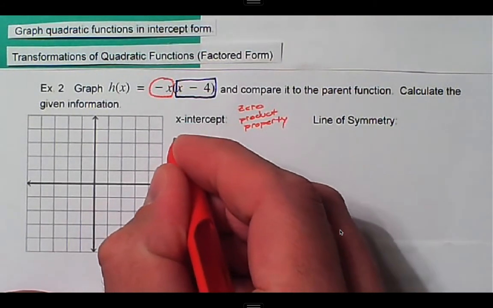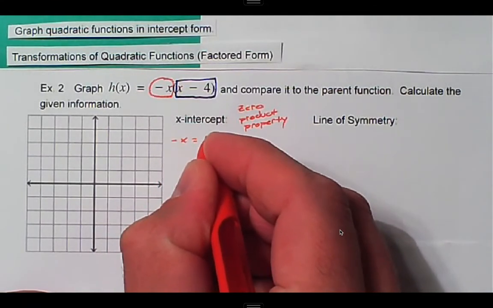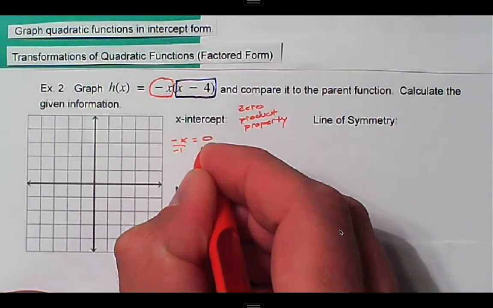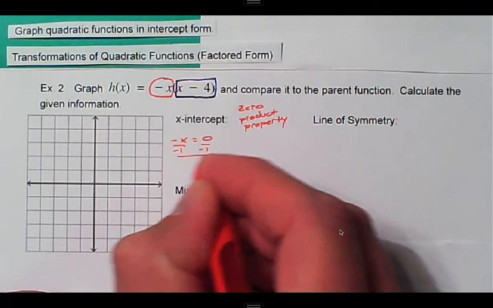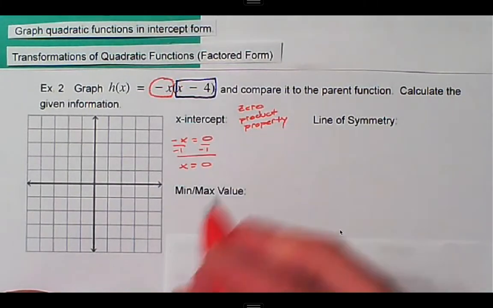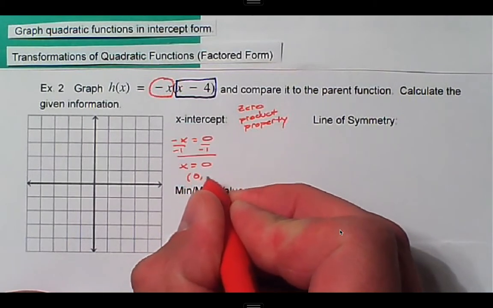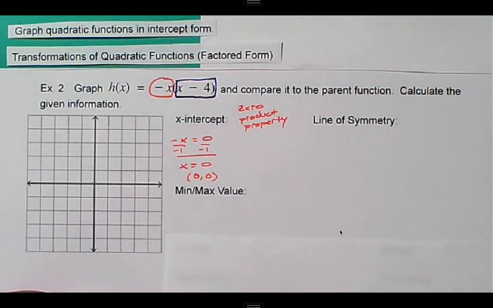So in this case, we're going to set each of those equal to 0. Negative x is equal to 0. We divide by negative 1 to get x by itself, and we get x is equal to 0. So that is going to be one of the zeros. That tells us that x is equal to 0. If x is equal to 0, y also has to be equal to 0.